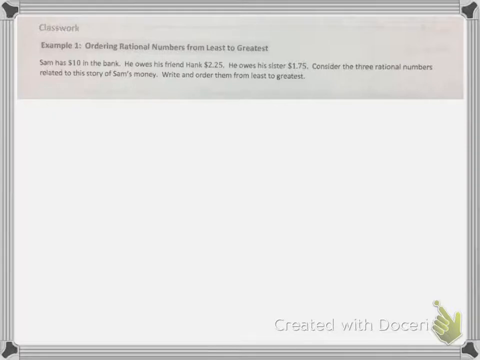Sam has $10 in the bank. This first sentence here, that is going to be a positive integer because he has $10. That would be a positive. So we have a positive 10. And then he owes his friend $2.25. That's going to be a negative.